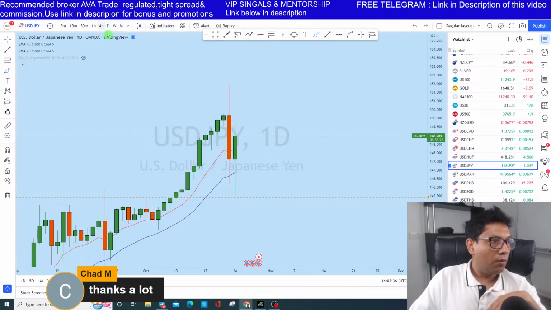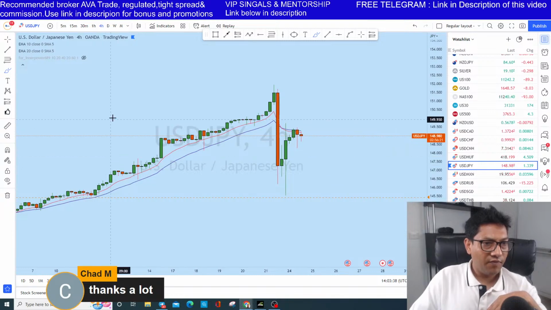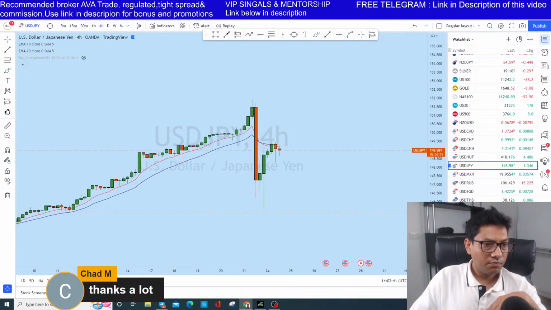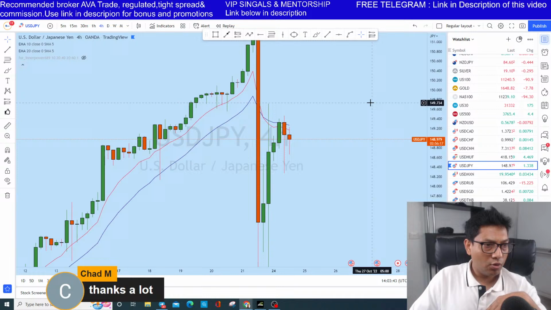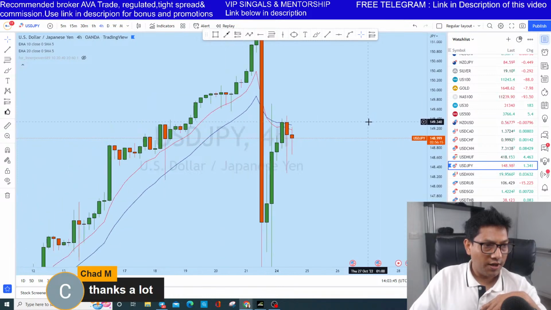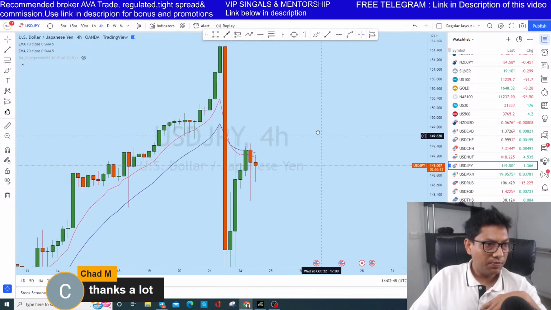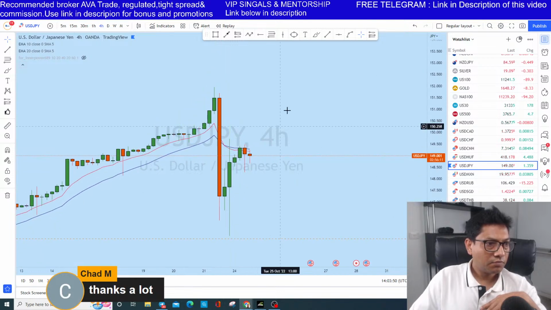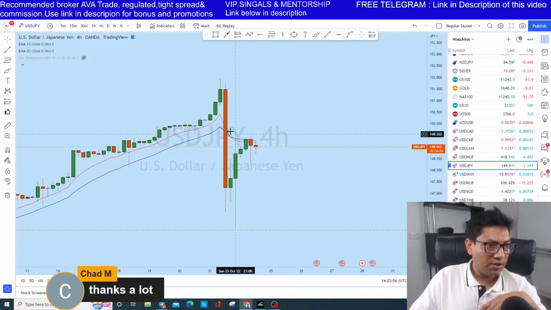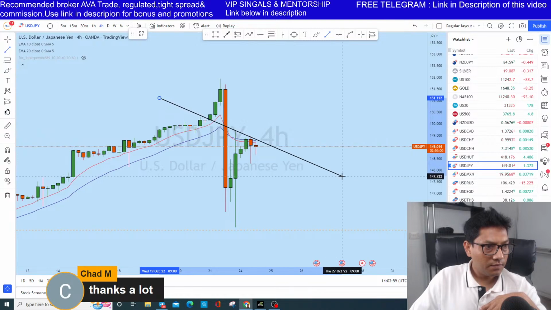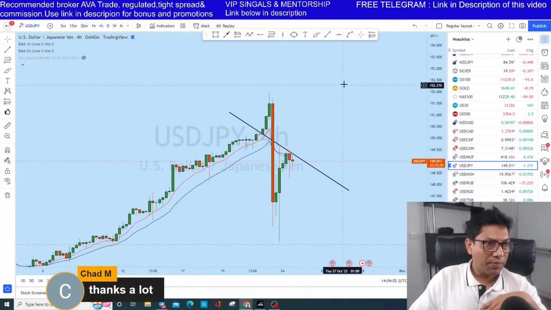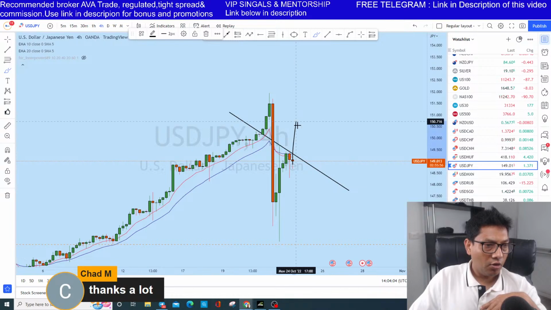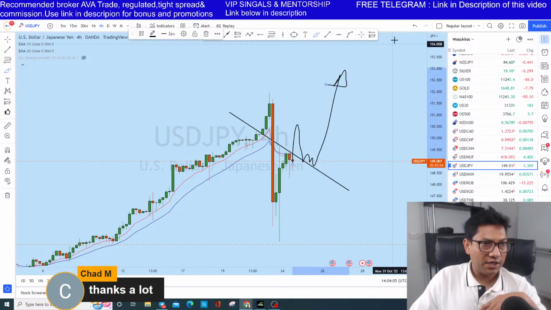So for a bullish setup on dollar yen, what I need, guys, is this price action, you see this middle long candle. I want the price to break this high. Once the price breaks this high, on the retest we can expect to go bullish.